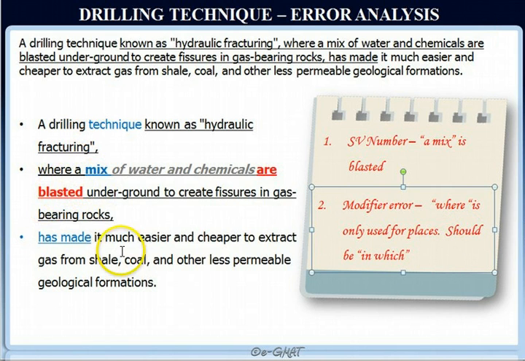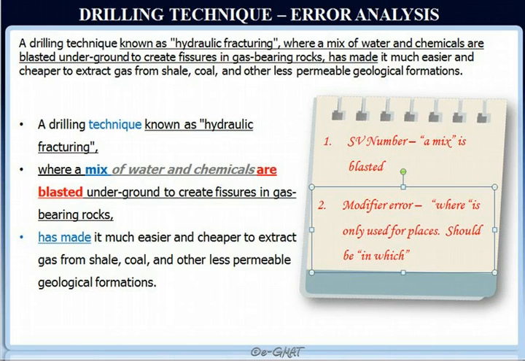So those are the two errors in this sentence. There is a list here, but that's in the non-underlined portion: shale, coal, and other less permeable geological formations. So we don't need to worry about that. Other than that, there are no errors in this sentence, and so these are the two errors that we need to take care of when we do our answer choice analysis.